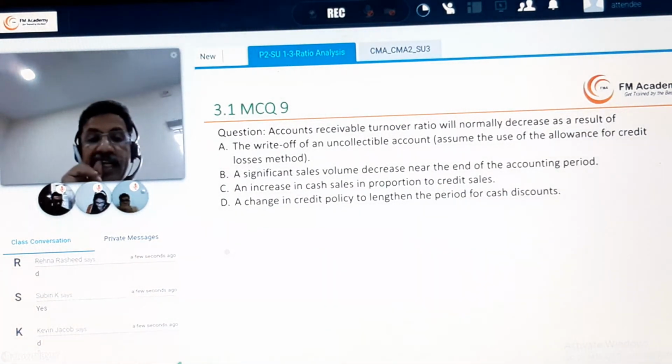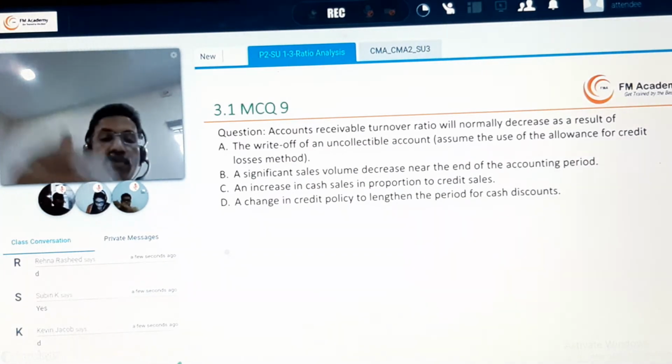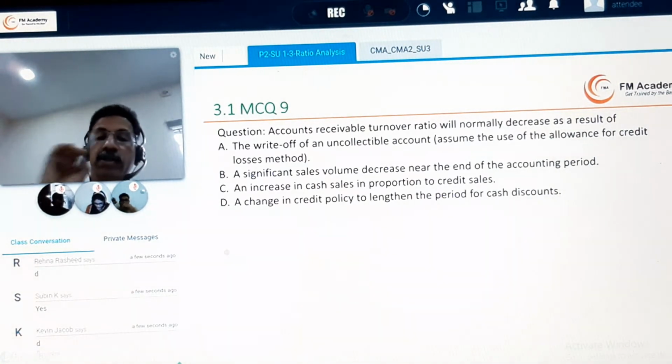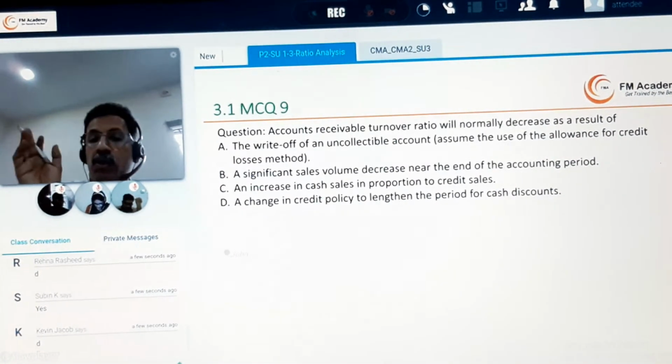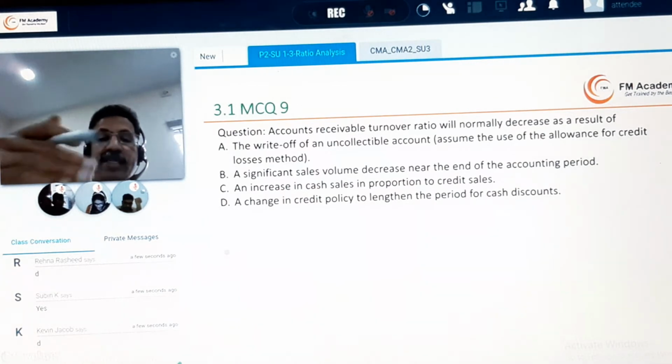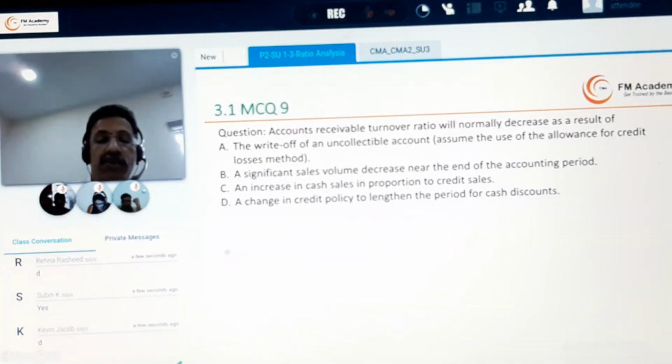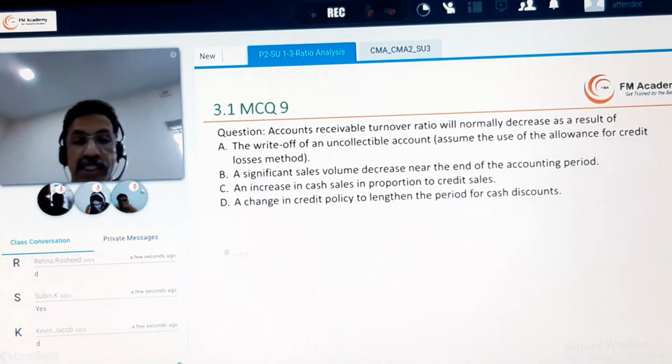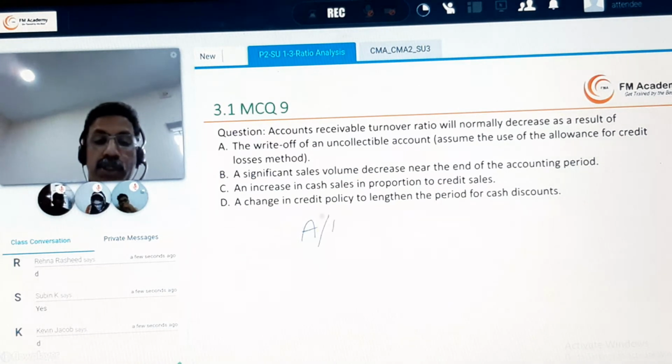Question number 9. Account receivable turnover ratio will normally decrease as a result of. Read each of the choices, whether the account receivable turnover ratio will normally decrease as a result of what is written. Just give your opinion and then post your answer in the class conversation. What is account receivable turnover ratio?